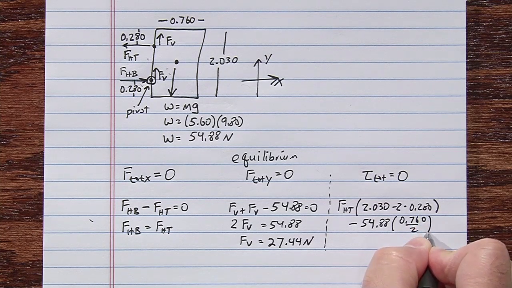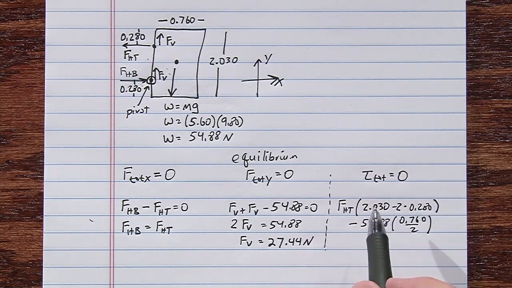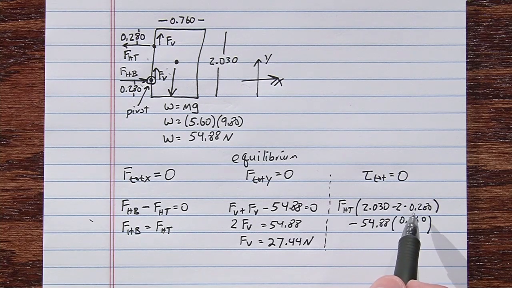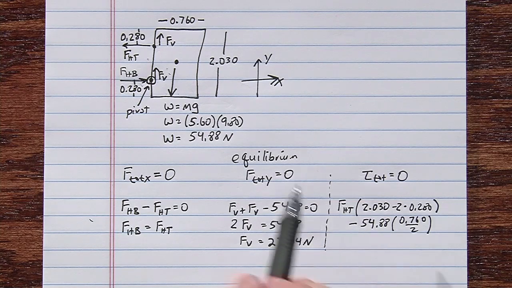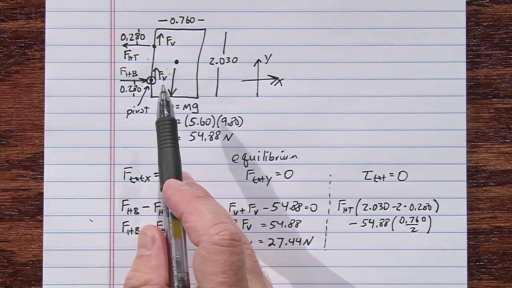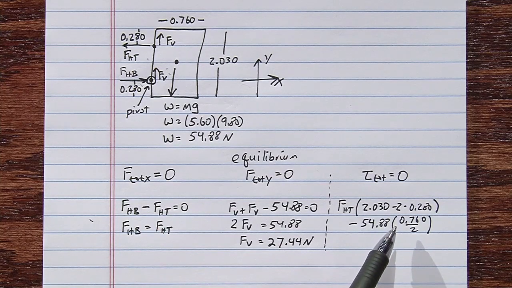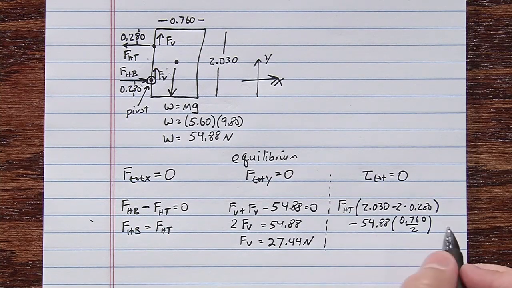So this top number here is the height of the door minus the separation of the hinges from the top and the bottom. That gives us the separation of the hinges. And the perpendicular distance of the weight from the hinge is 1/2 of the width of the door, or 0.760 divided by 2. And all of that is equal to 0.